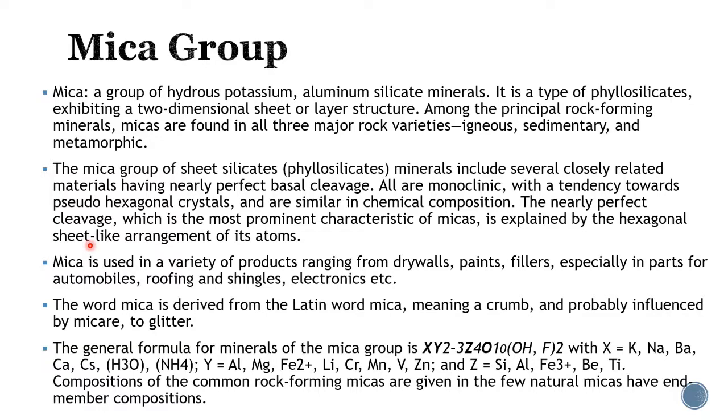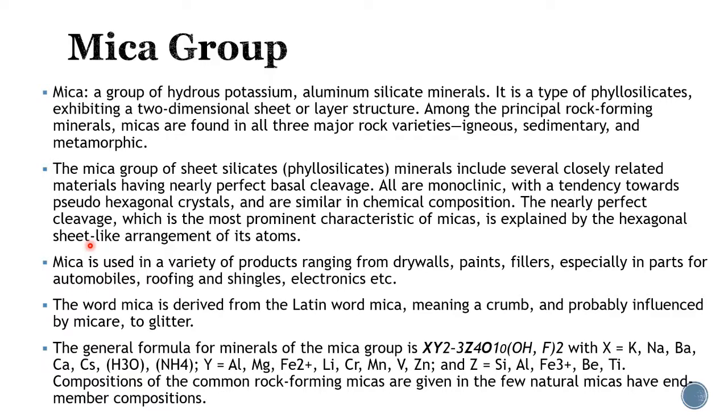Now mica, a group of hydrous potassium aluminum silicate minerals. What's the difference between mica and the previous one, clay minerals? The clay was hydrous aluminum silicates, whereas mica are hydrous aluminum silicates but with the presence of potassium. So the difference is only potassium: in the clay minerals potassium was negligible or not present, but in mica potassium is prominent.